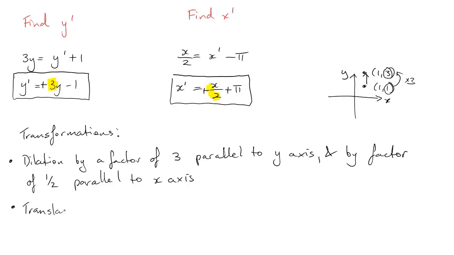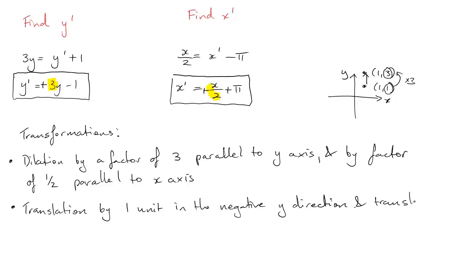So the translation by 1 unit down in the negative y direction, and also translation by pi units in the positive x direction.